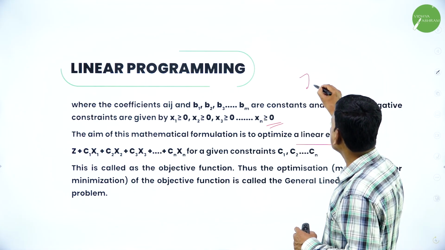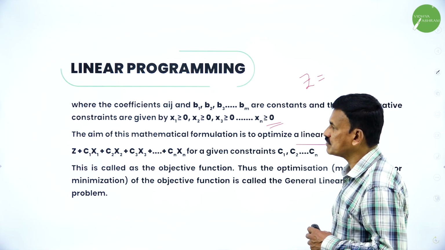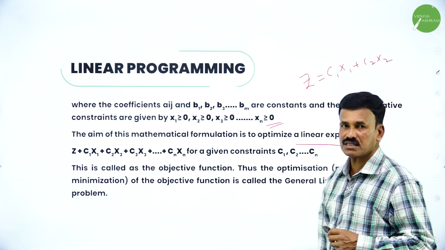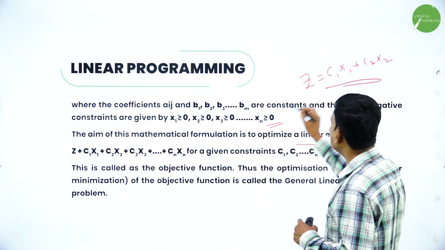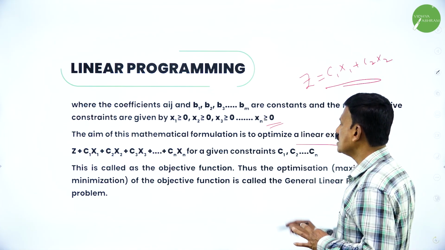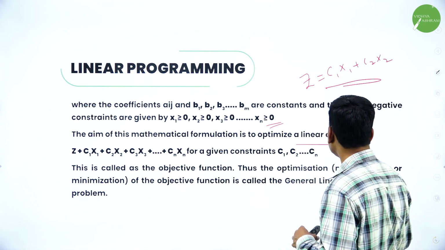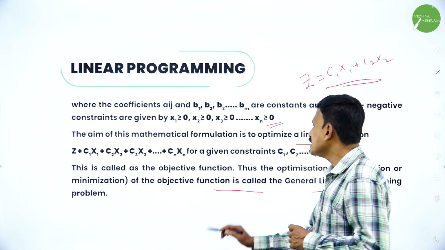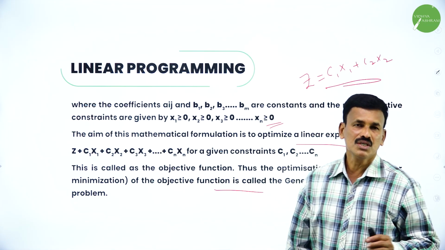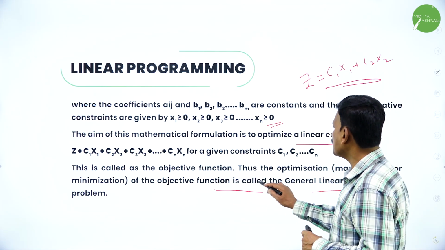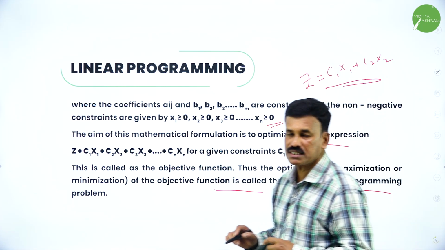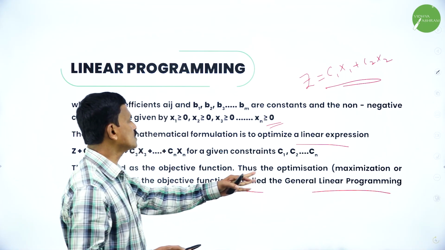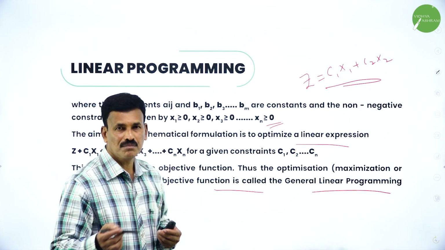Any equation of the form c1x1 plus c2x2, etc., which is to be maximized or minimized, is called the objective function. Thus the optimization, that is maximization or minimization of the objective function, is called the general linear programming problem.